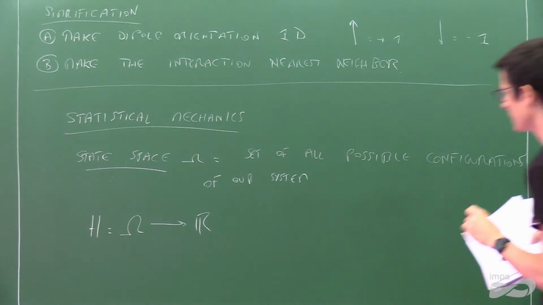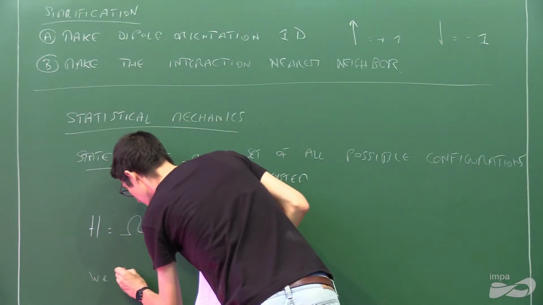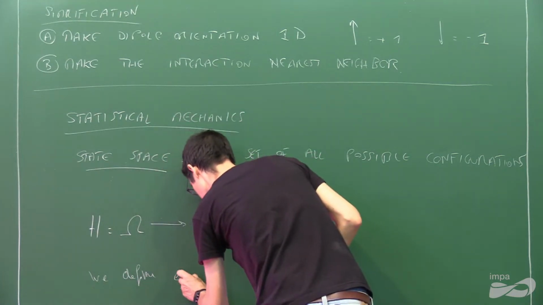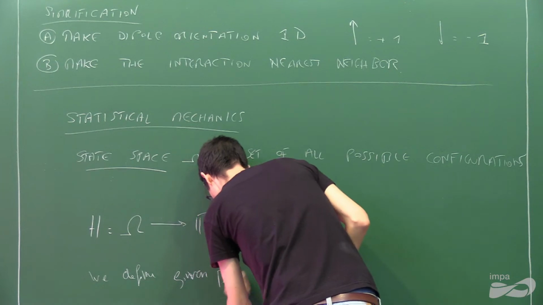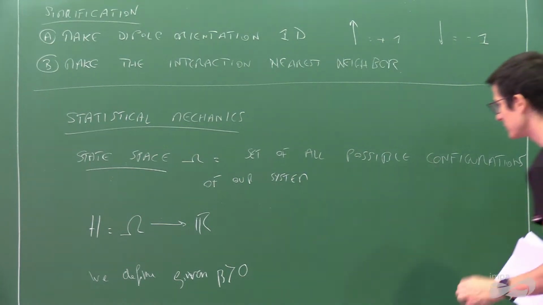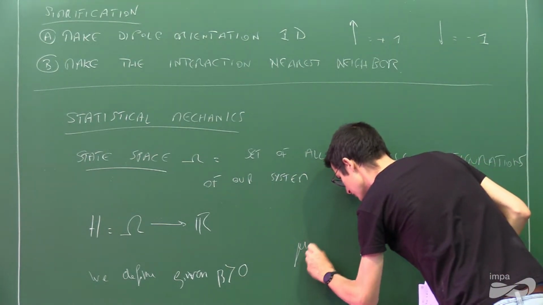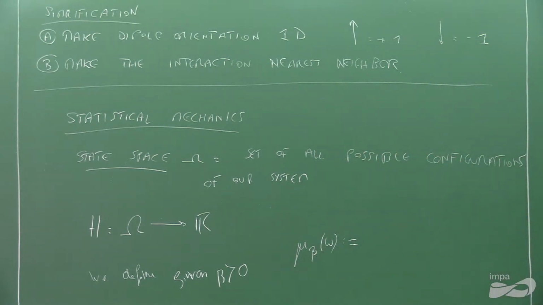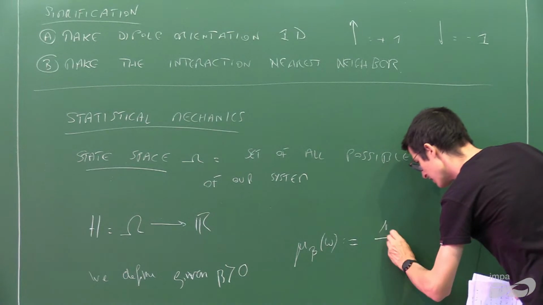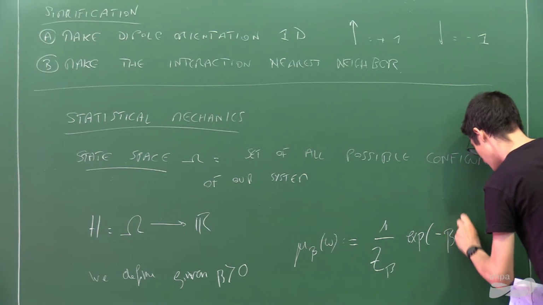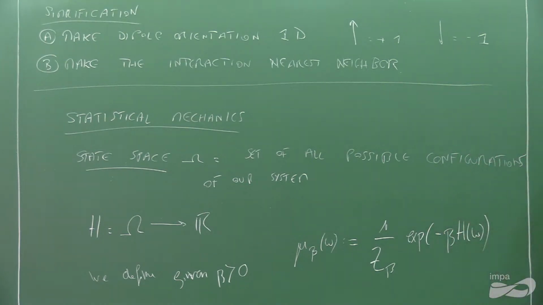And then from this, for a fixed parameter beta positive, we define the Gibbs distribution of the system, which is a probability measure on omega, which to each configuration gives a weight which is proportional to exponential minus beta H of omega.